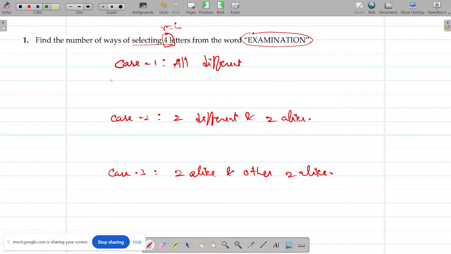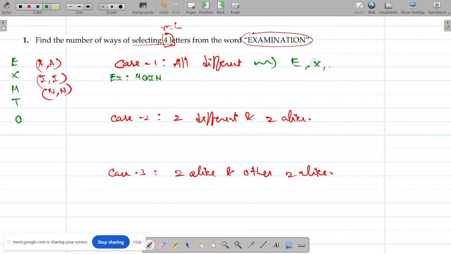For example, this is all different. See what are the different alphabets we have: X, E, M, T and O. A is repeated twice, I is repeated twice and N is repeated twice. First case, all different. So for example, I can take M, O, I, N. How many different alphabets do you have?